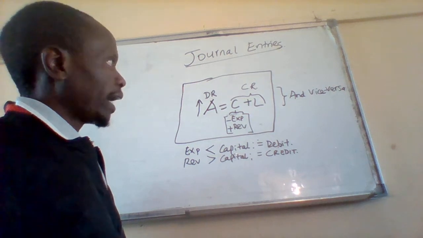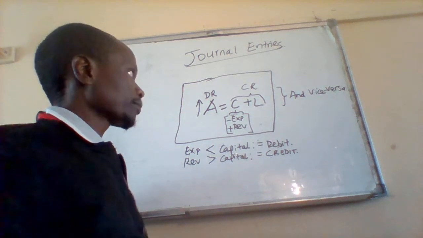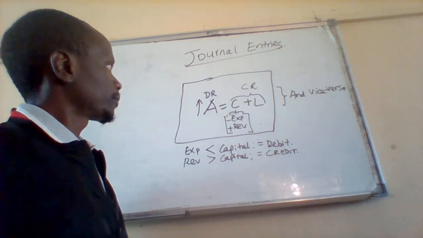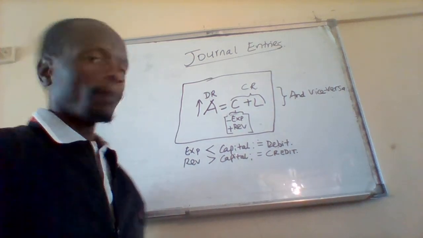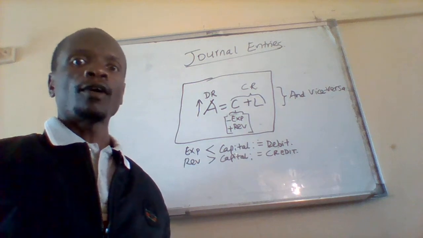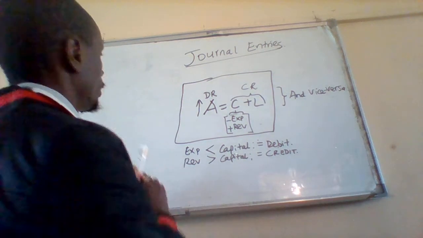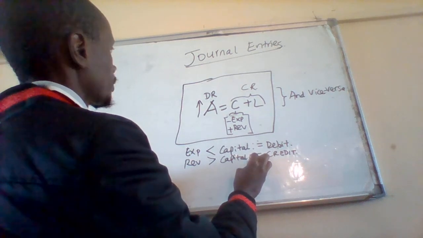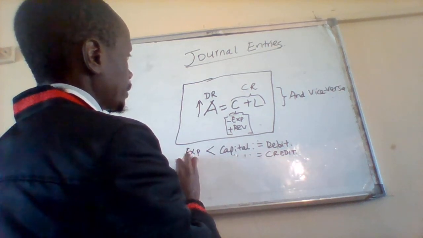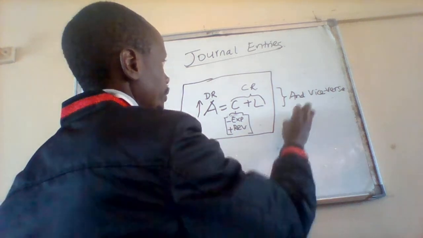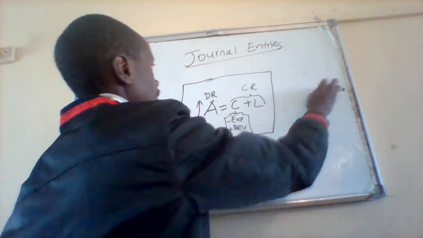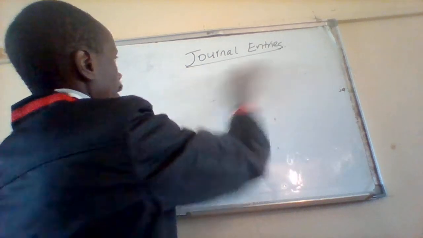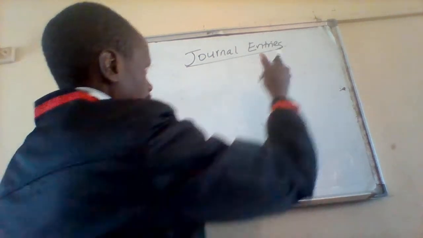So let us start with an example. You bought a computer in cash. So let us say you bought a computer. So this is our matrix.